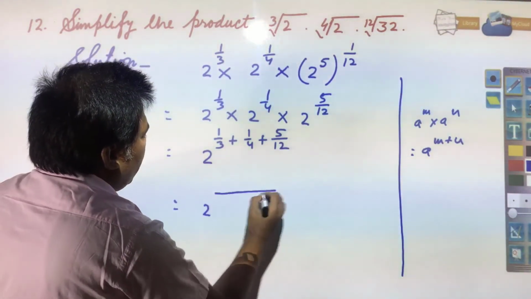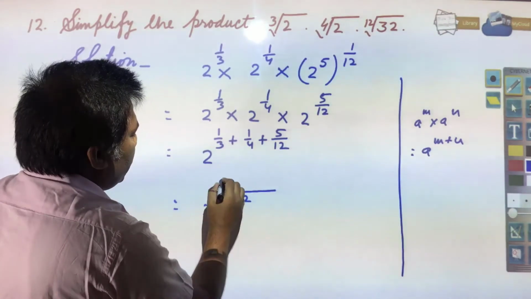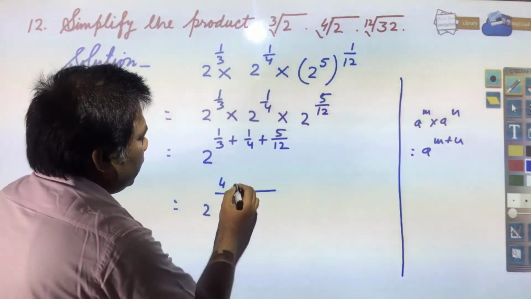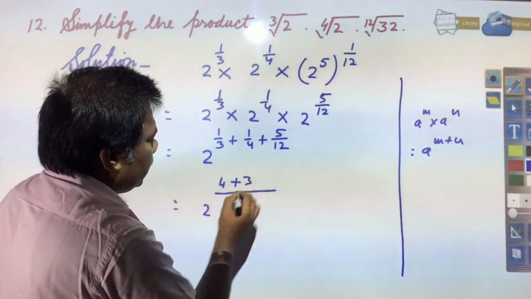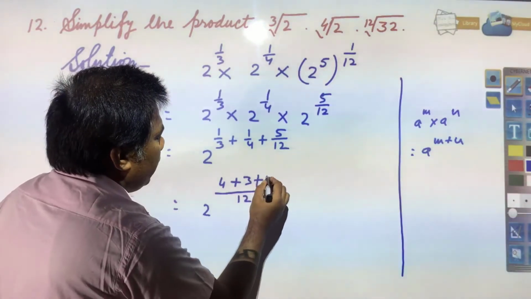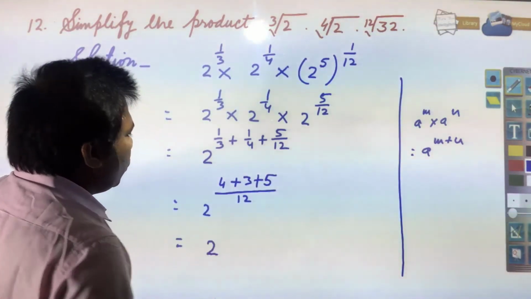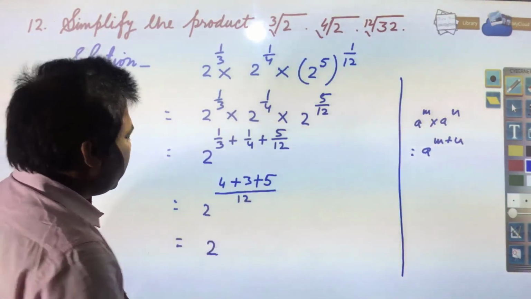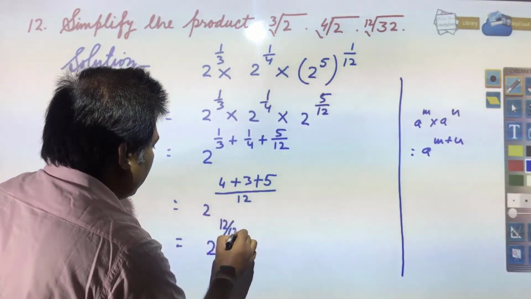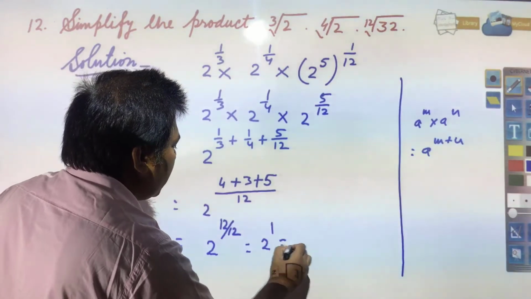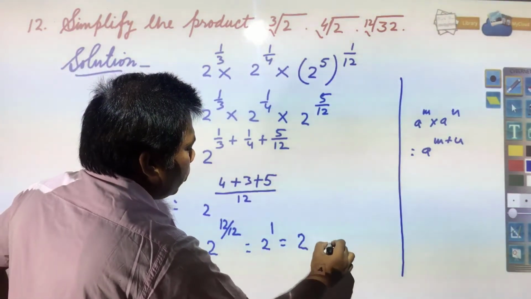Your LCM will be 12: 3 fours are 12, so 4; 4 threes are 12, so 3; and here you will have 5. So you get 2 to the power 4 plus 3 plus 5, that is 12 by 12, which means 2 to the power 1, and you will get the answer 2.